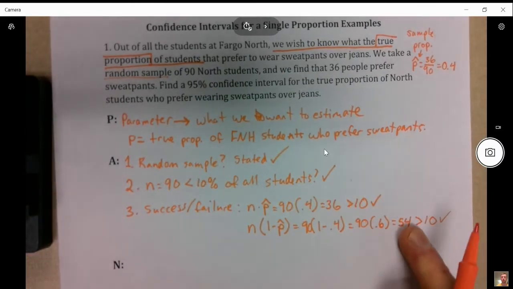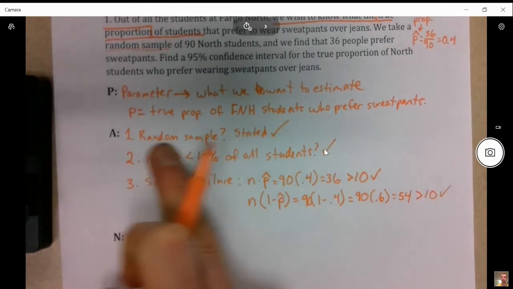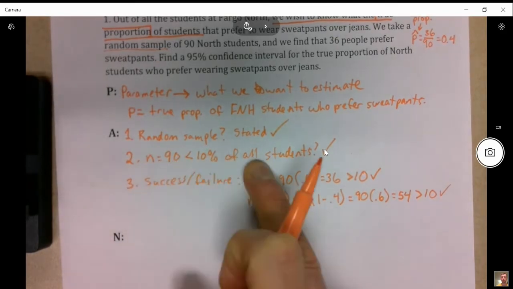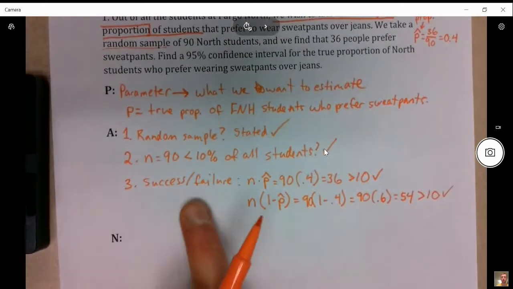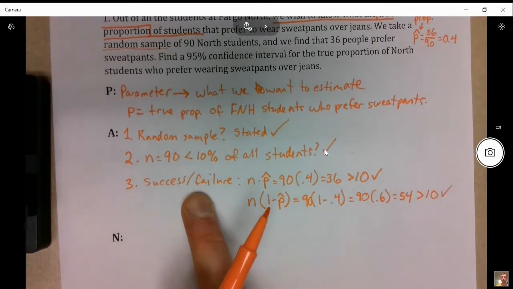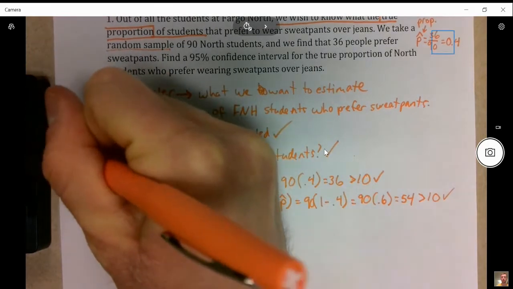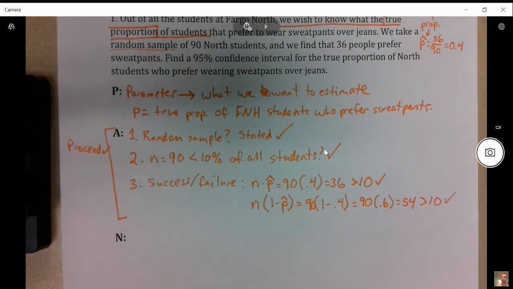In other words, we have at least 10 people who do not prefer sweatpants. So because we have a random sample, because we have sample size less than 10% of our population, and because we have the success failure condition met, we're actually good to go. This verifies that we can proceed because all three of those check off, okay?